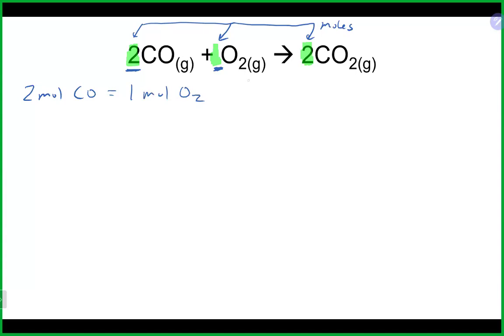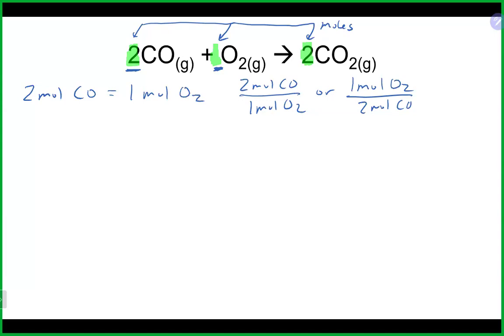So we could write 2 moles of CO over 1 mole of O2, or we could flip it around, 1 mole of O2 over 2 moles of CO. So just from that one equality, we now have 2 conversion factors available to us to use in a calculation.